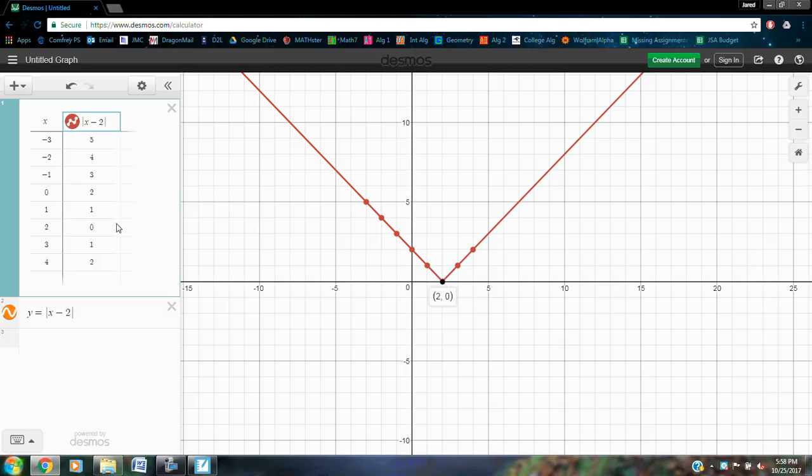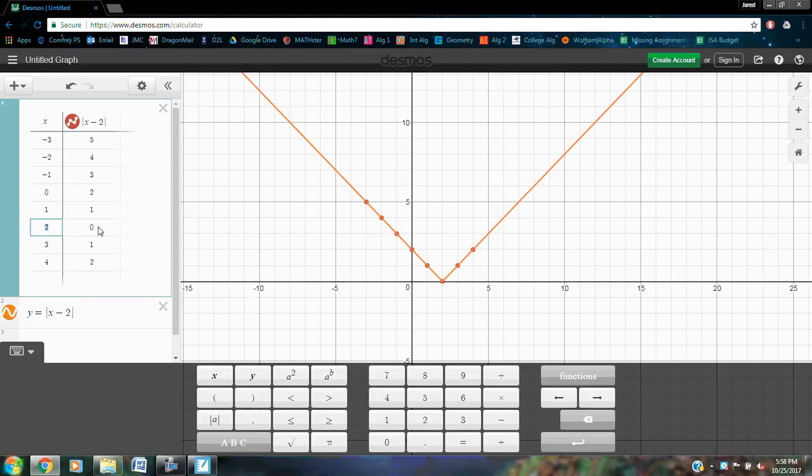Okay, when our absolute value is 0, right here at 2, this is where we have our turnaround point. Everything else is kind of a mirror. 5, 4, 3, 2, 1, then 0, then 1, 2, and 3, 4, 5, and so on. So when the inside of the absolute value piece becomes 0, that is our vertex, or that's our mirror.